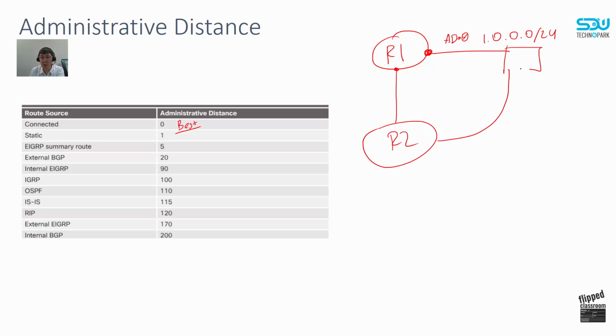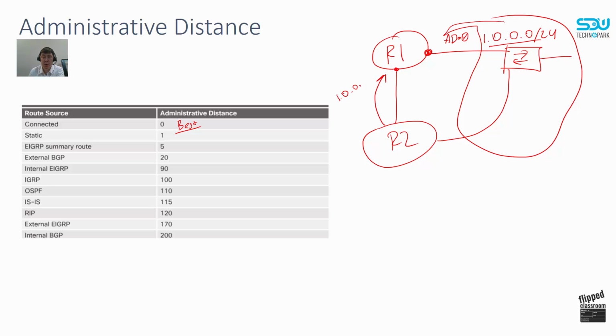Maybe router 2 and router 1 are directly connected to a single network, like this. And when router 2 propagates information about this network by a dynamic routing protocol, for example it says, look, I have network 10.0.0.0 with prefix 24, and the administrative distance for this network will be, for example, 90.